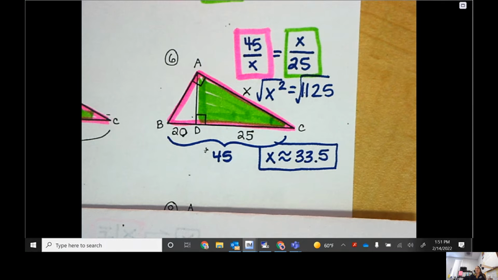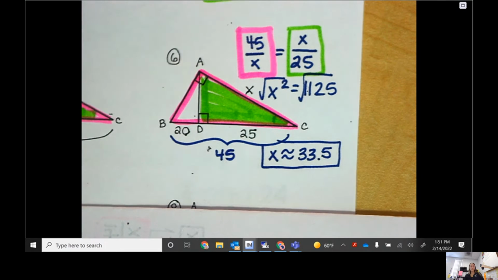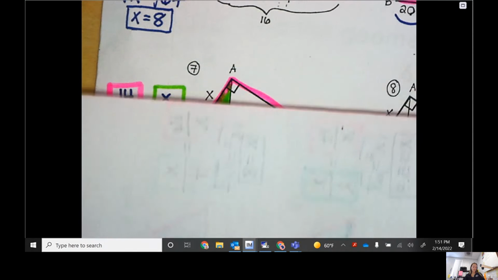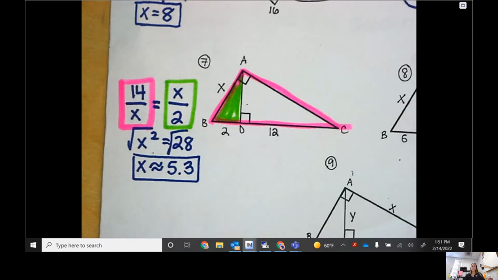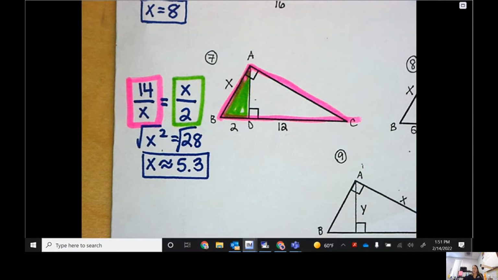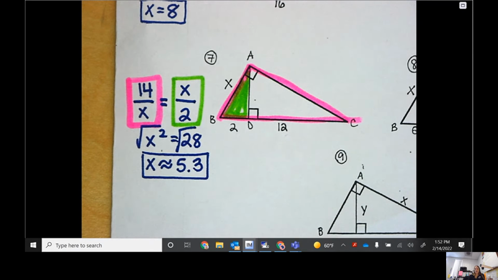Beautiful. So be careful not to fall for a trick. Make sure you add the two together to get the whole side length. Okay, what did you get for number 7? About 5.3. You got 5.29 or whatever the next number was, something close to 5.3.